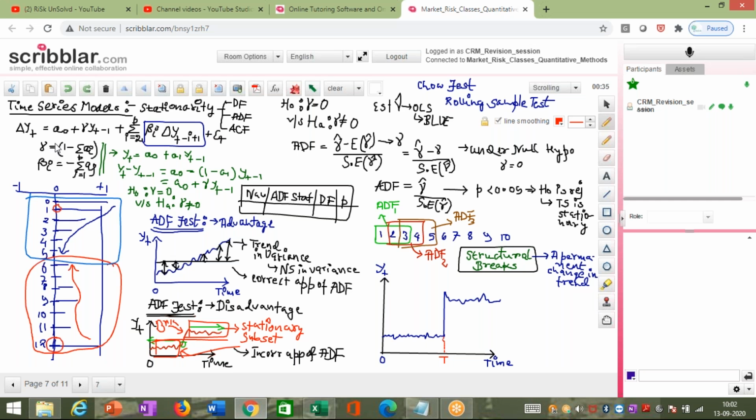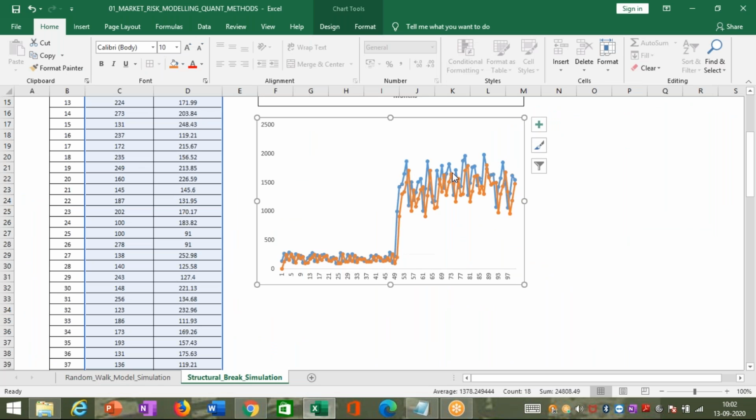In such a case, you will always tend to accept the null hypothesis, and your test will get biased towards non-stationarity. Right. Now this is also identifiable from this data as well.